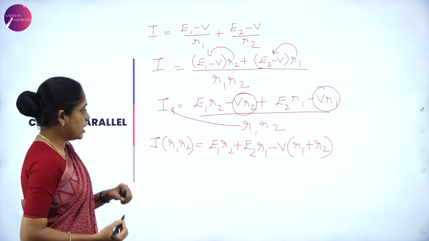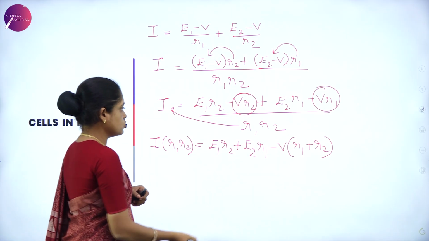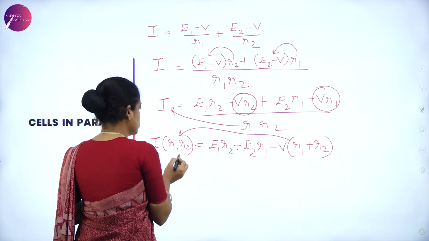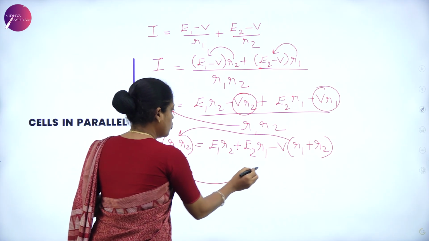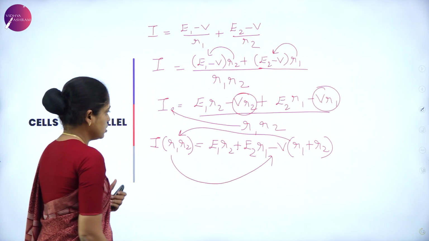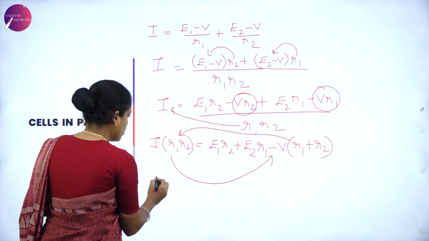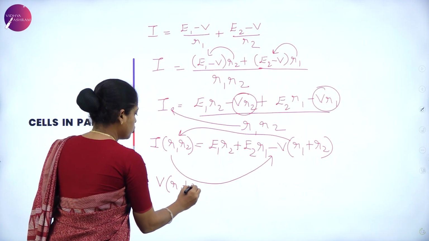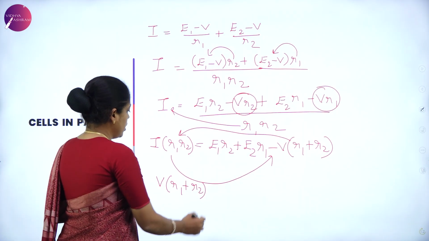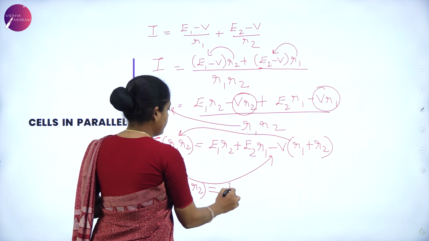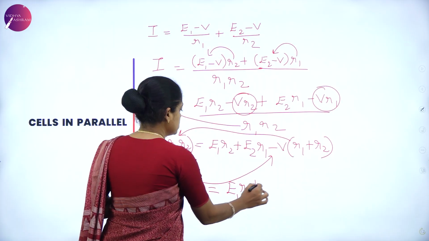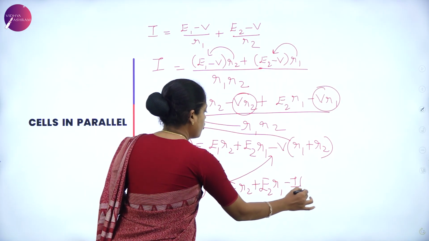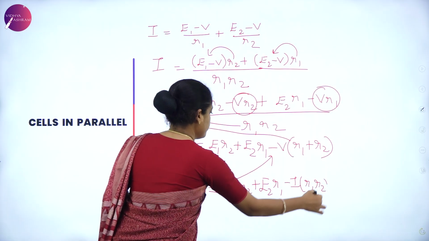But we need it in terms of V. So let us consider this V towards the LHS and I towards the RHS. Yes, then V of (R1 plus R2) is equal to E1 R2 plus E2 R1 minus I of R1 R2.